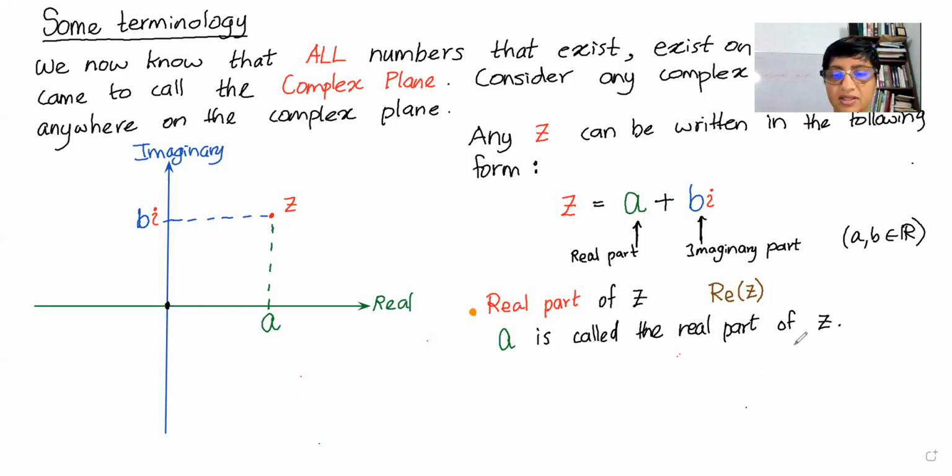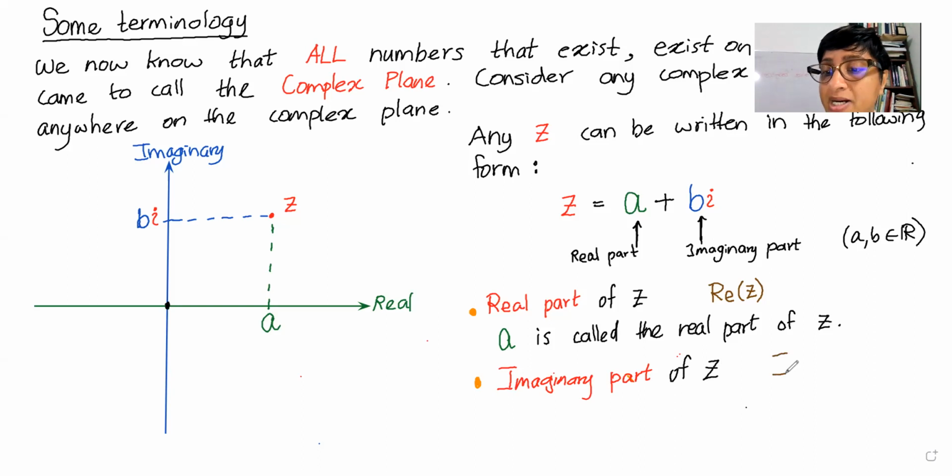And then similarly, second bullet point, imaginary part of Z. The notation is Im of Z, Im bracket Z. How do you read it?